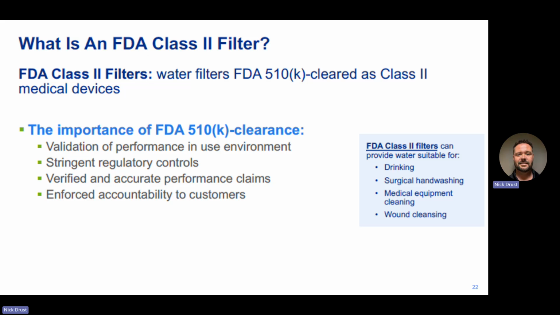They've been validated, there are regulatory controls, verified claims, and accountability. The standard recognizes these filters may be used in applications where water quality has a direct impact on patient safety.